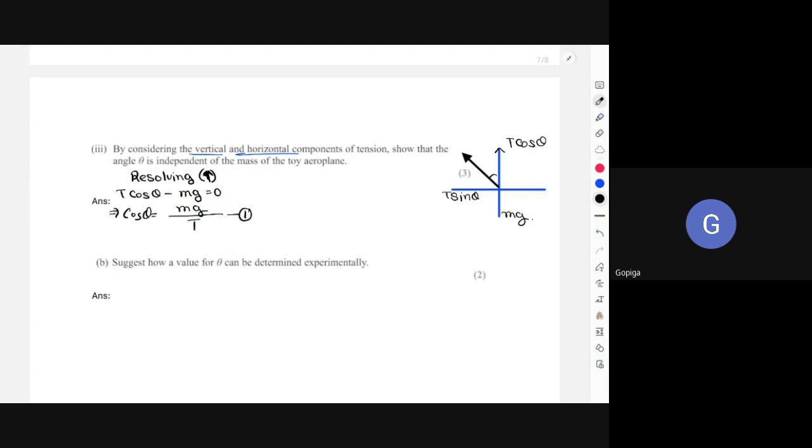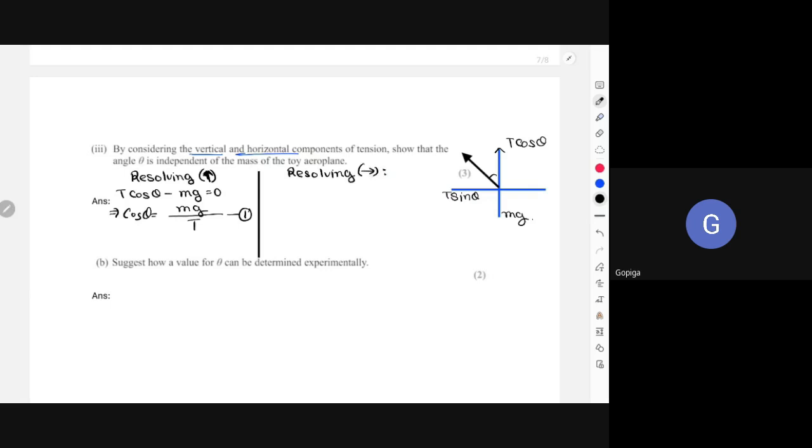We have to distribute the horizontal forces over here as well. So for the horizontal forces, I can understand that T sin theta was actually your centripetal force also, right? As your centripetal force was T sin theta, we're going to start with that, resolving horizontally.